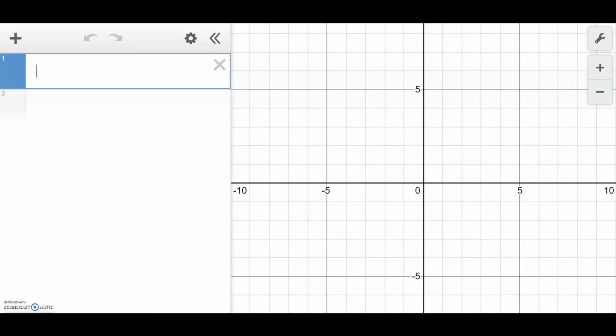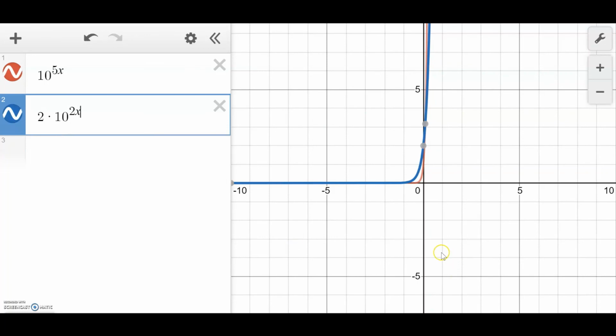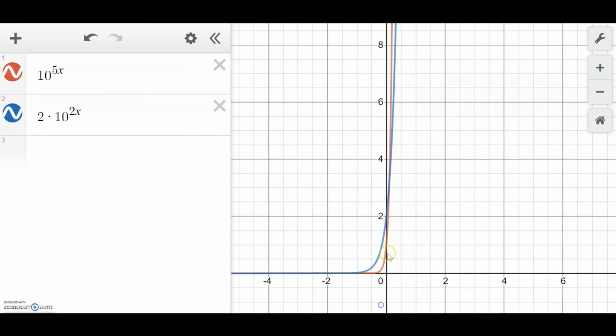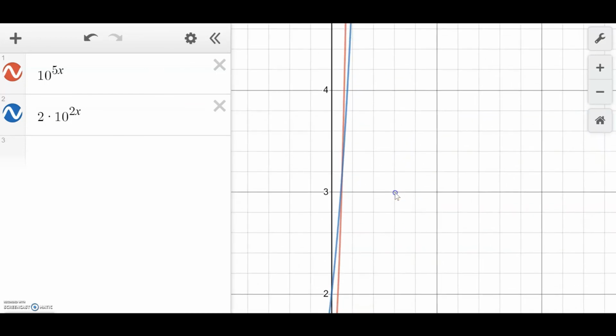Another way that you can check your solution is by graphing both the left-hand side and the right-hand side of the equation and solving for the point of intersection. For example, in the last problem, we had 10 to the power of 5x, and that was equal to 2 times 10 to the power of 2x. So if we graph both sides of the equation, we can see there's a point of intersection here.